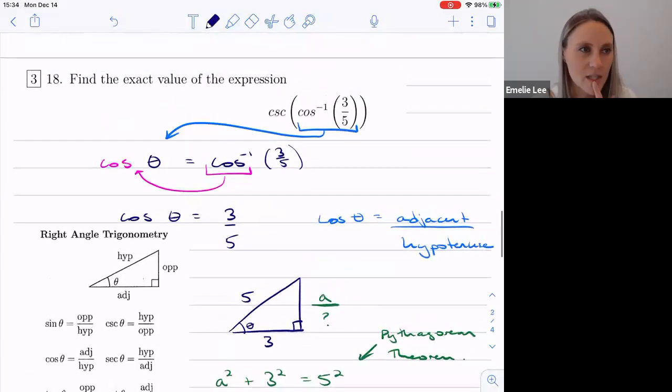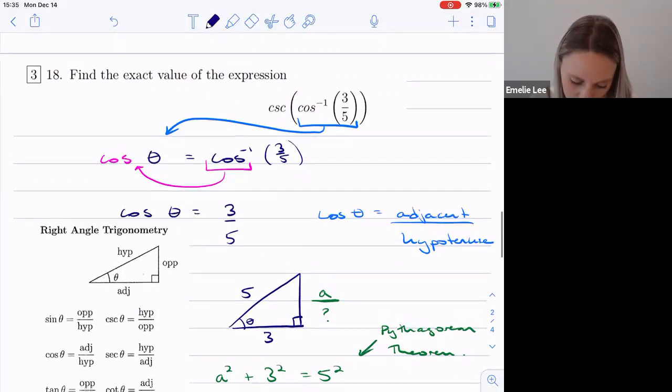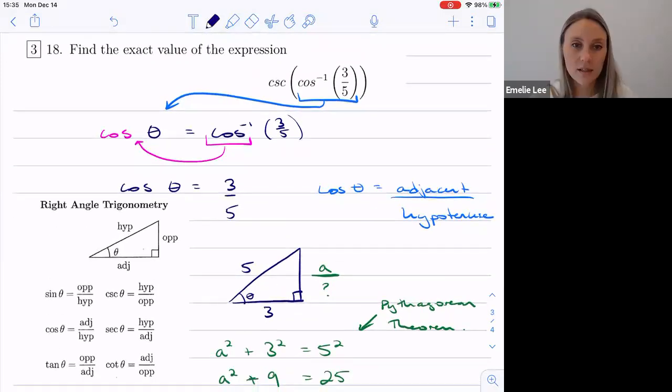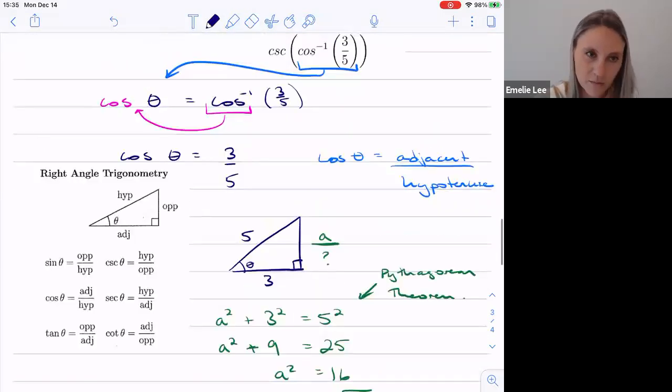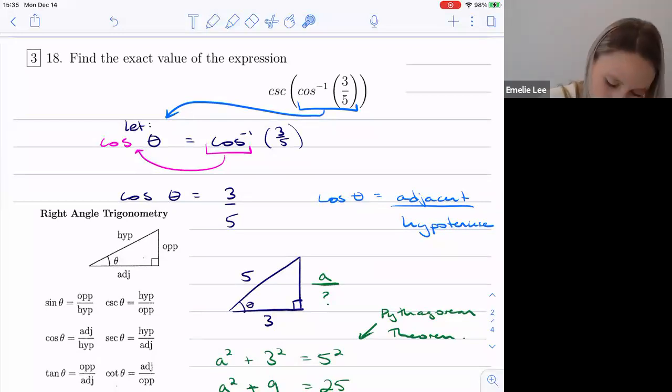So that was 18. Let me just check here. Next on the docket, 19, unless there are questions about 18. It is tricky, right? But just kind of follow this. You can even say, let theta be this.